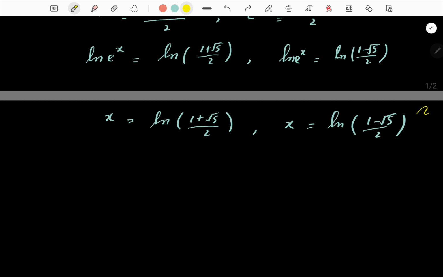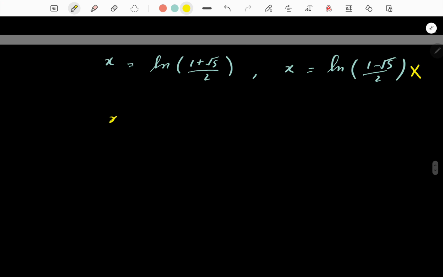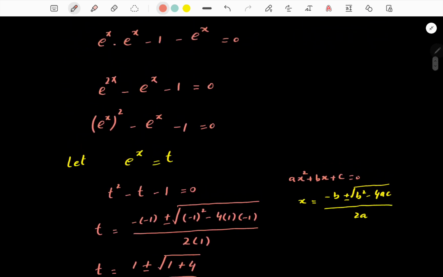So this value is not a valid answer. Only the value x is equal to natural log of 1 plus under root 5 whole divided by 2 is the answer, and this is the required value of x for which this equation is satisfied.